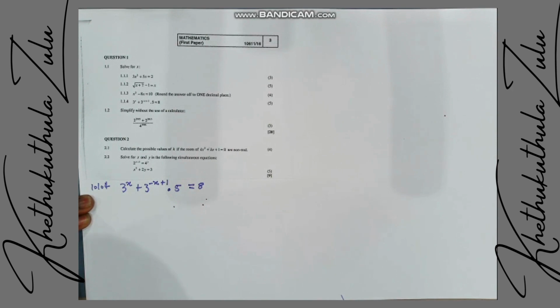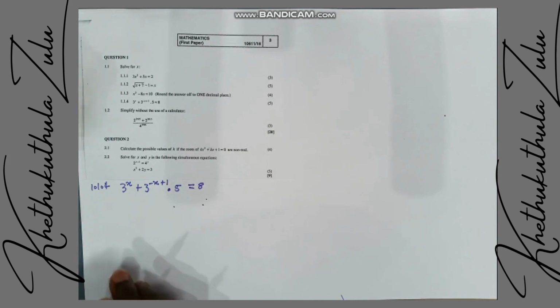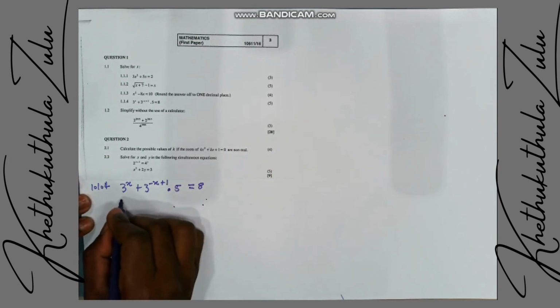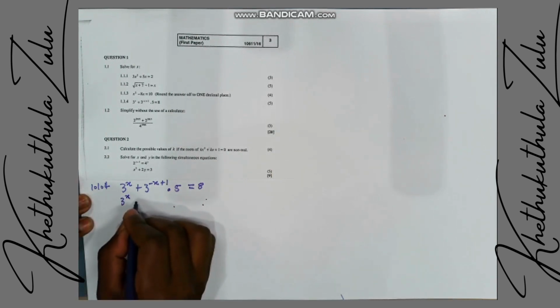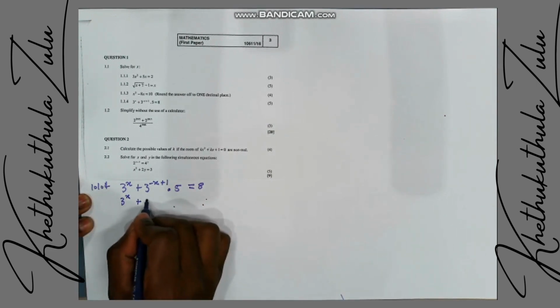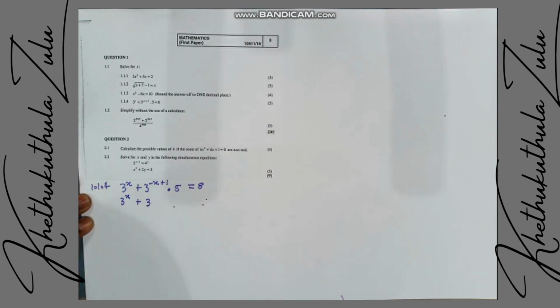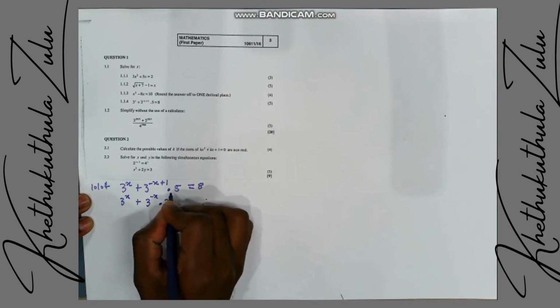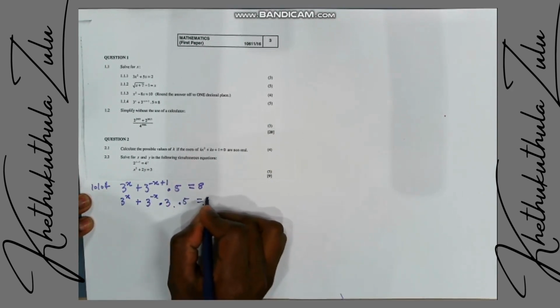And then from here we can change this one by taking the negative, because we need to make the exponent to be the same, like 3 to the x, then plus, we can say 3, let's just first separate this, 3 to the negative x times 3 to the 1, and then times 5 is equal to 8.